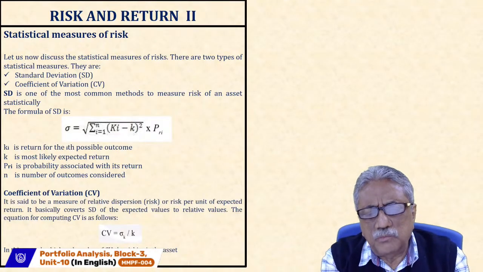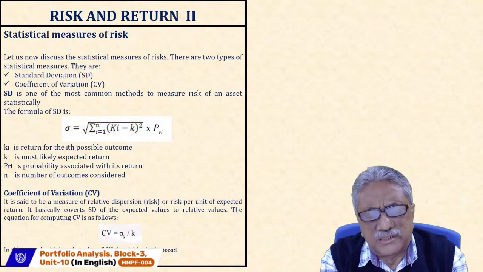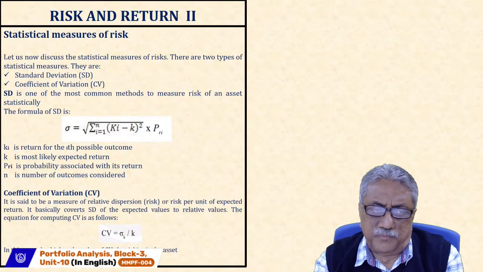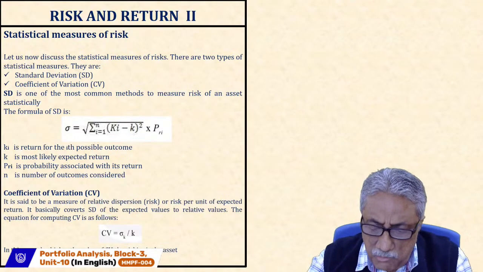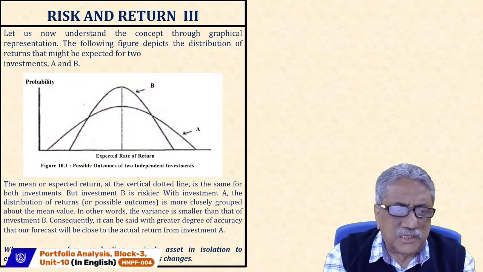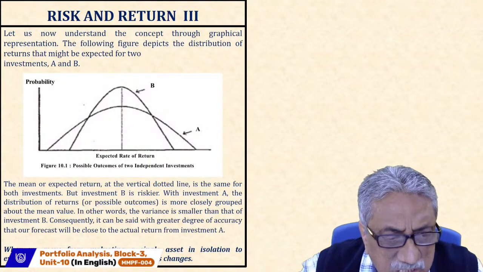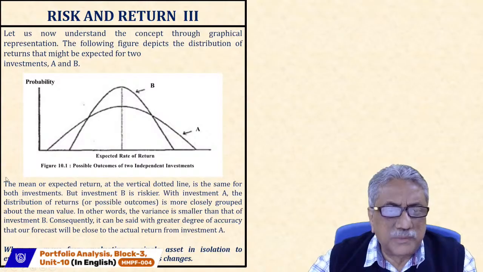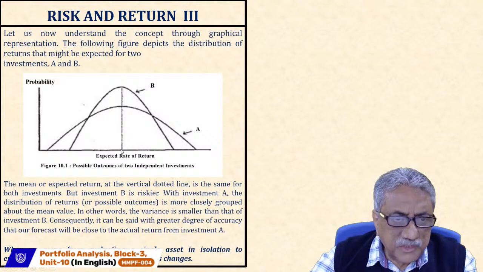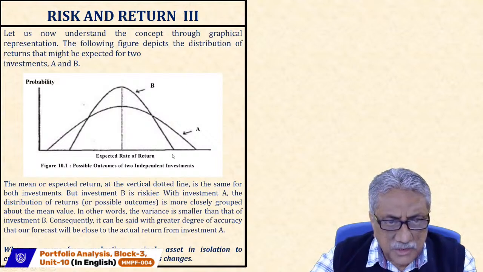So we have learned that one stock's return is very easy to calculate and its risk is very easy to calculate. Now, this is the same thing which I was explaining to you: suppose there is a stock A, this is the return axis and this is the probability.